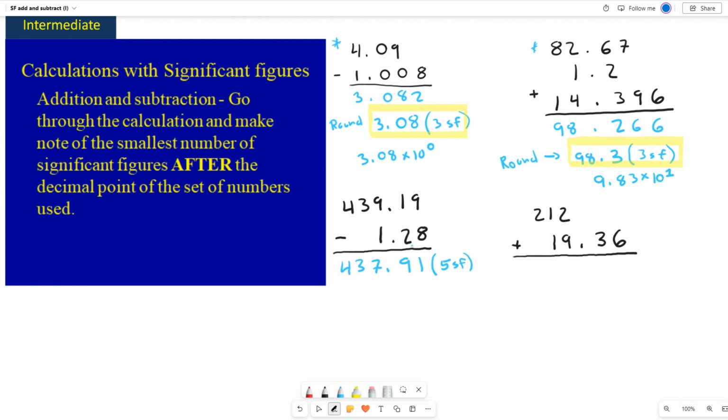And if we were to write this in scientific notation, it would be 4.3791 times 10 to the 2. So that's the correct answer for our third problem.